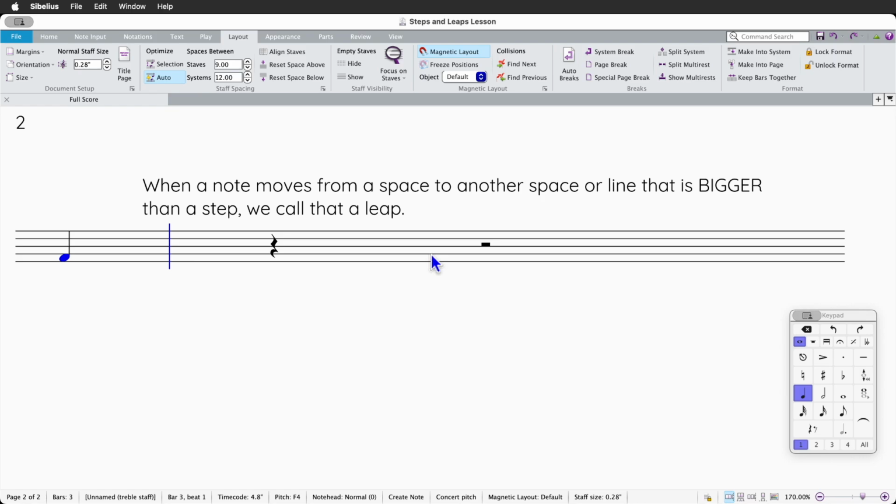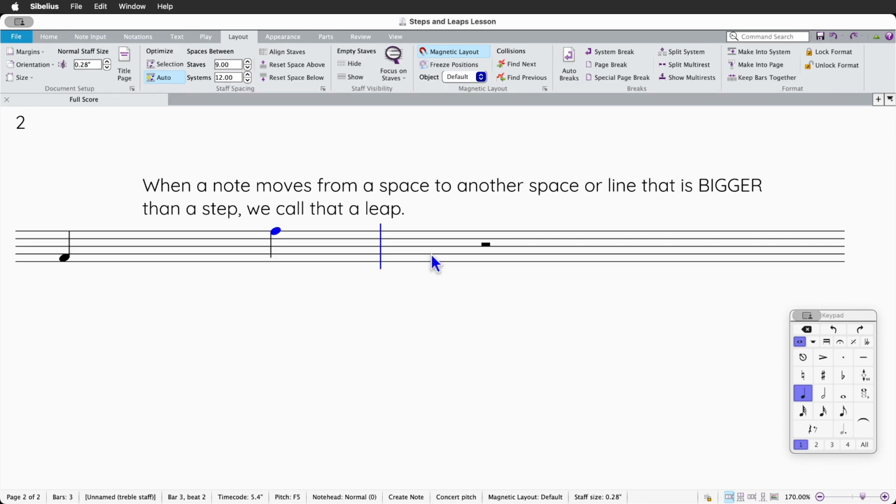And let's just go up to the very next space. Space number 2, that's a leap. We skip that line in between. That's considered a leap. Let's go up to the 5th line. Right there, that is also a leap. It skips a bunch of stuff in between, so therefore it's a leap. So anything that's larger than a step is going to be a leap.